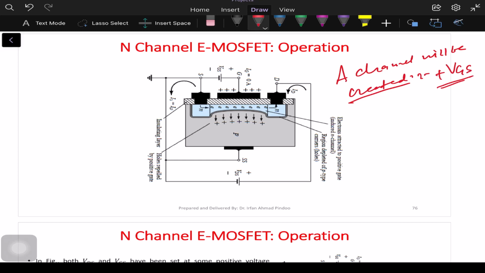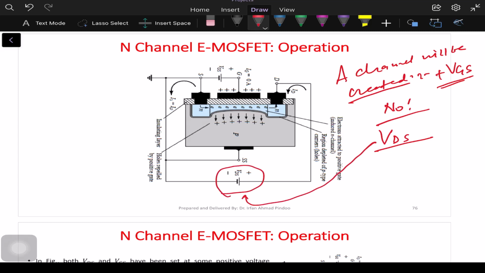Now the question is, will there be any current? If we are applying only the VGS voltage, shall we have any current? The answer is no. Why is it so? It is because you need to apply one more voltage, that is VDS, so that we can drag the electrons from the source to the drain. That VDS voltage has been shown here.